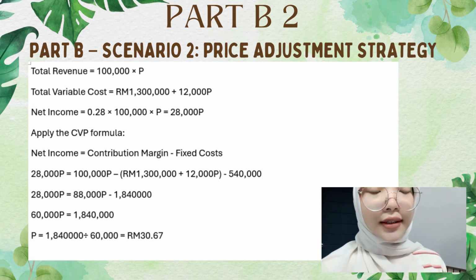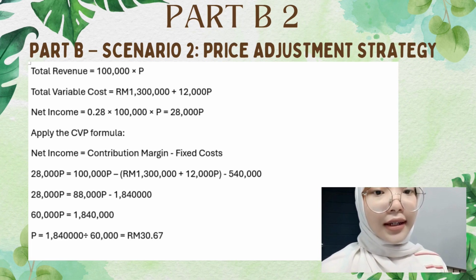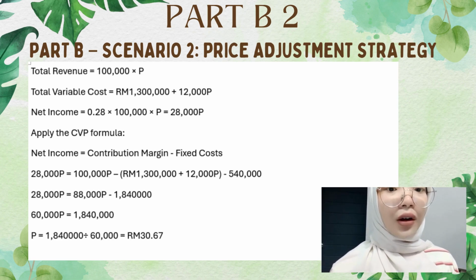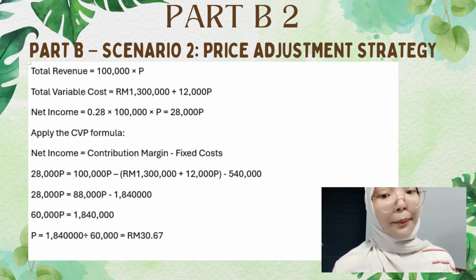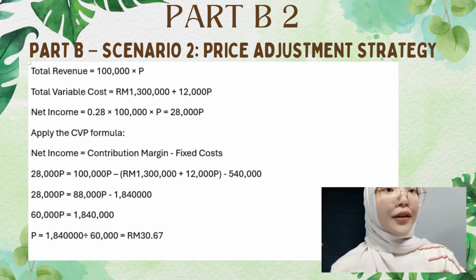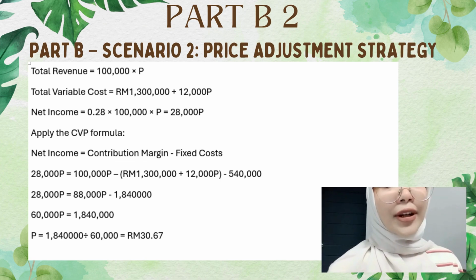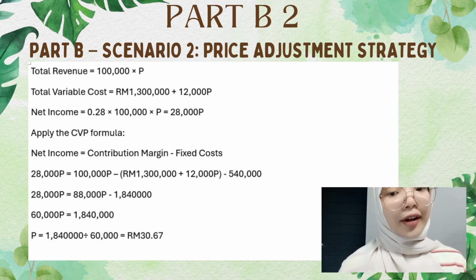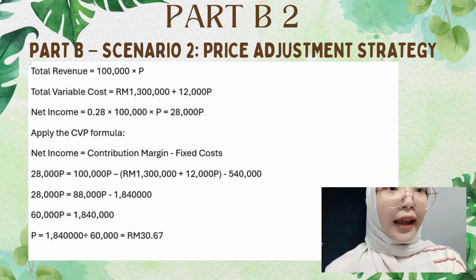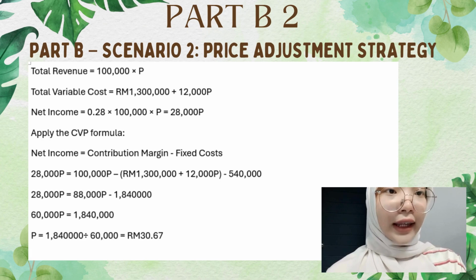How to use CVP analysis to determine the new selling price per unit in order to meet the company's target net income of 28% from total sales revenue. So, step 1 is to identify the known values, like just before, sales volume, original variable cost per unit, and then step 2 is define the equation.